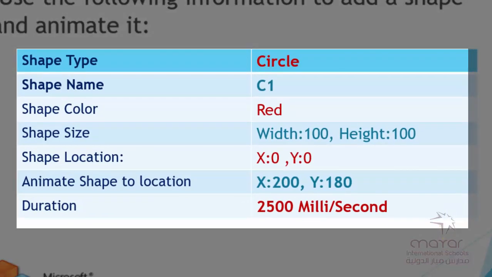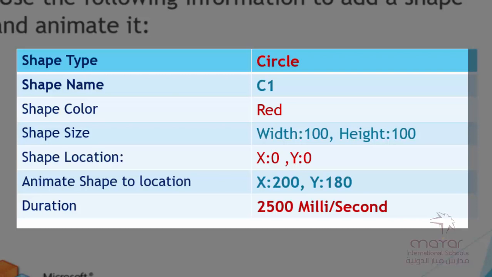Let's have more practice. Use the following information to add a shape and animate it. We will draw a shape. Our shape type is circle, and we will give it a name, C1. Shape color, red. Shape size, width is 100 and height is 100. And remember here that the width equals the height because the shape is a circle.